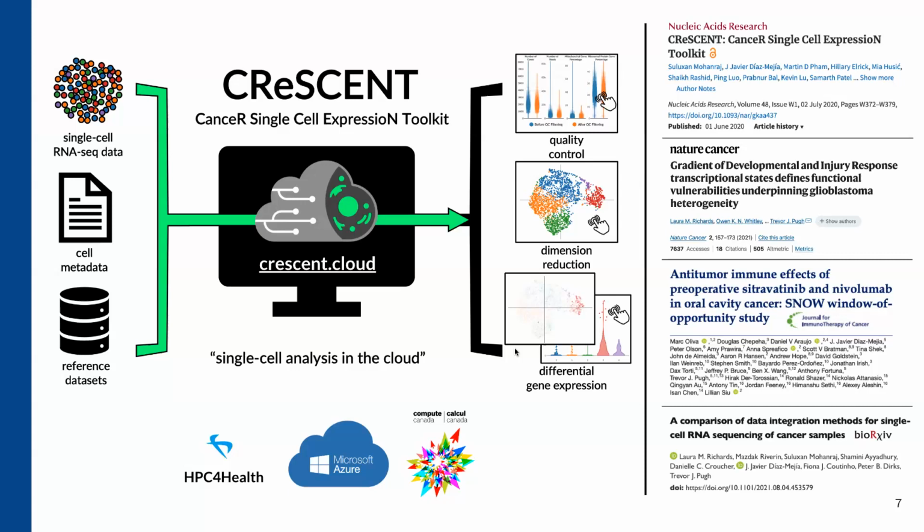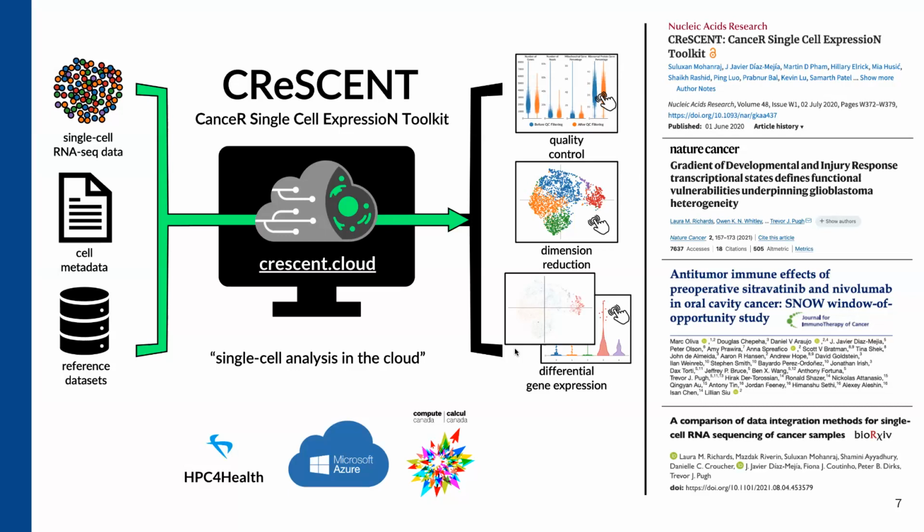And then we have this pre-publication or bioRxiv paper where we tried to compare a bunch of different data integration methods, which is something I'll talk about later, about anchoring and data integration. We tried to replicate the exact results that Laura found in her work, and also tried to make comparative publication-like visualizations.